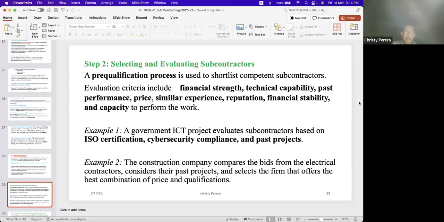So if you are doing that type of contract, you will have to see whether ISO 14001 is there. Like that, there are so many certifications.